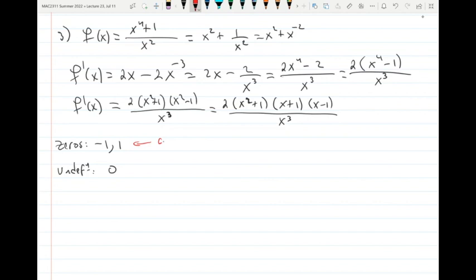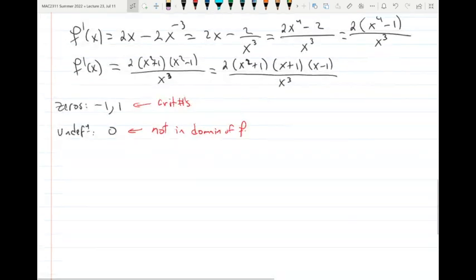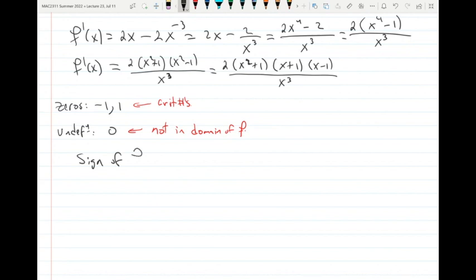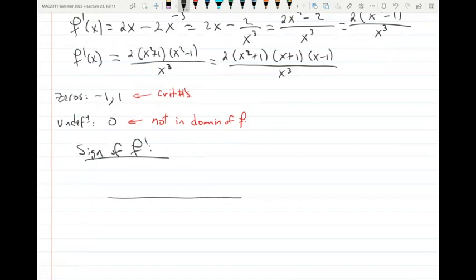Let me just say that here the critical numbers are only these guys. 0 is not a critical number because it's not on the function, so I would say not in the domain. But nevertheless, it will be considered for the sign of the derivative. So sign of the derivative, line, put the values that make it 0, the values that make it undefined.